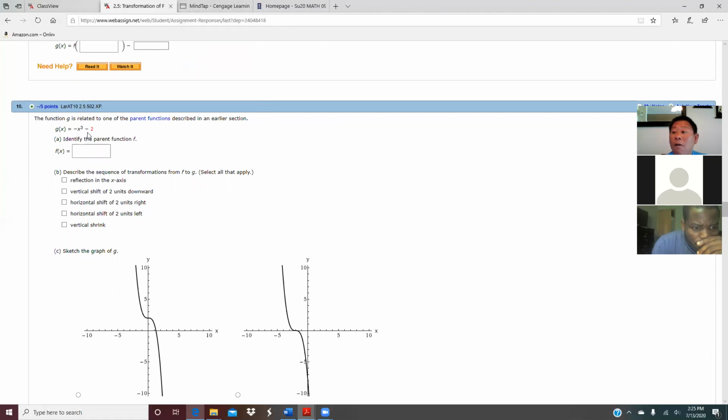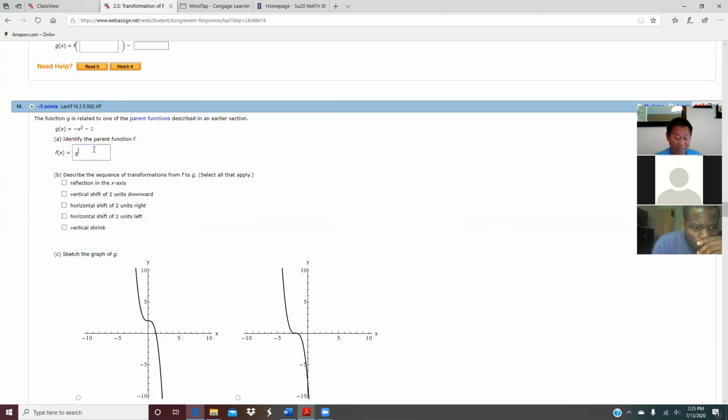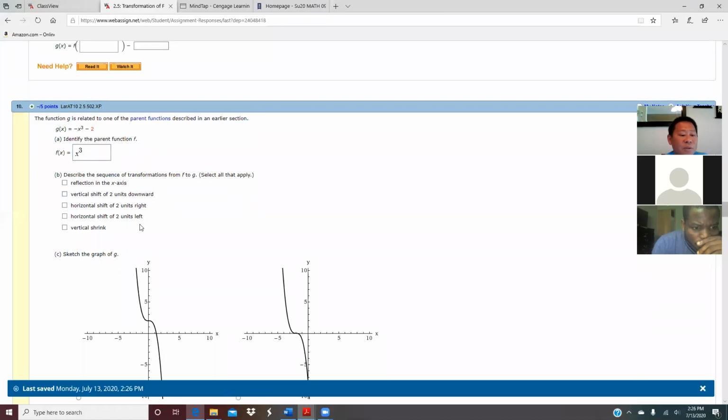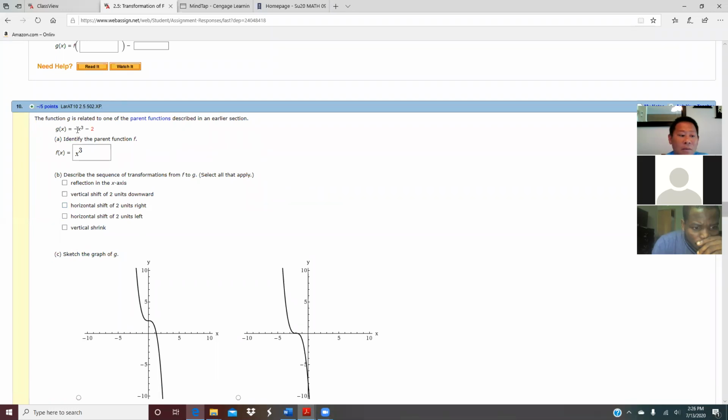This is your x to the power of 3. So this is the basic parent function. So can someone tell me what kind of sequence of transformations we have here? Does anyone know what this negative means? In front, what does that negative mean?